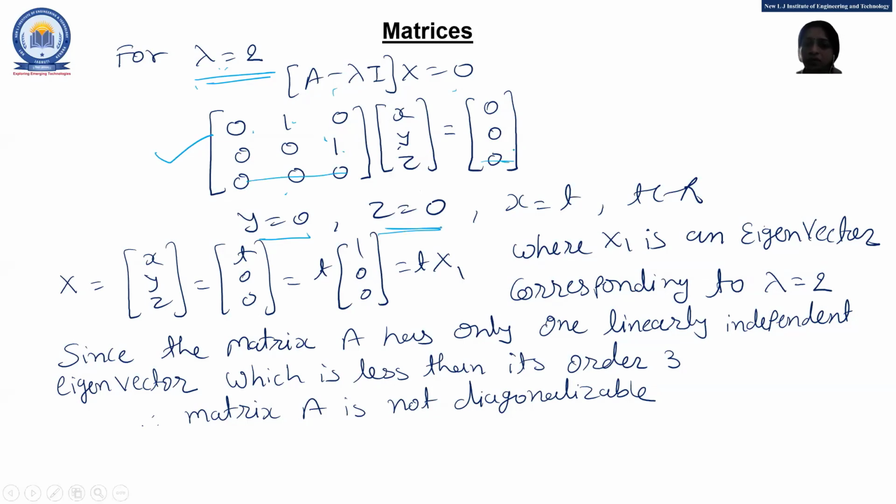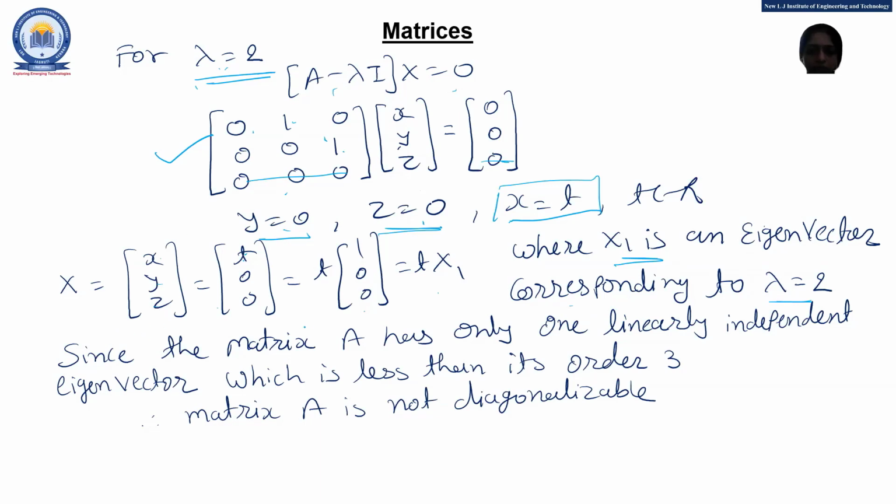It means we have one free variable. Here y is 0, that is fixed. z is 0, that is also fixed. So the remaining variable is x, and that is free. So we assume x is equal to t, where t belongs to R, right? So here x is t, y is 0, z is 0, and if we take t common, that is 1, 0, 0. So t times x1, where x1 is an eigenvector corresponding to lambda equal to 2, right?